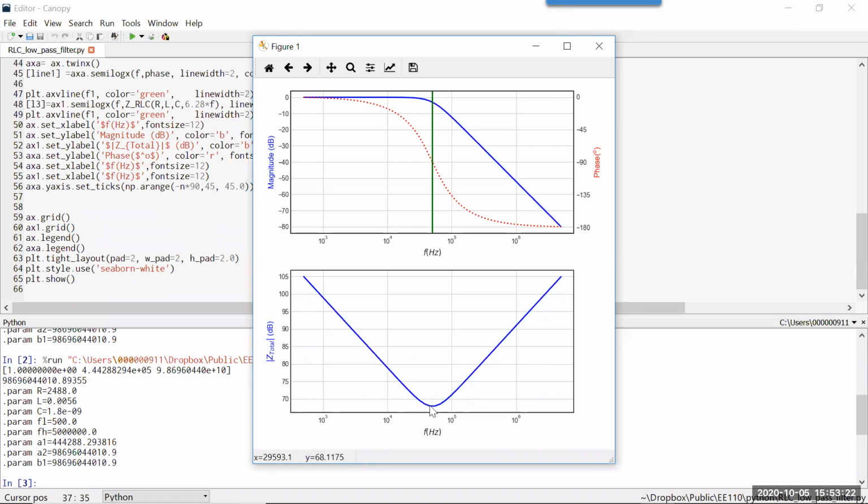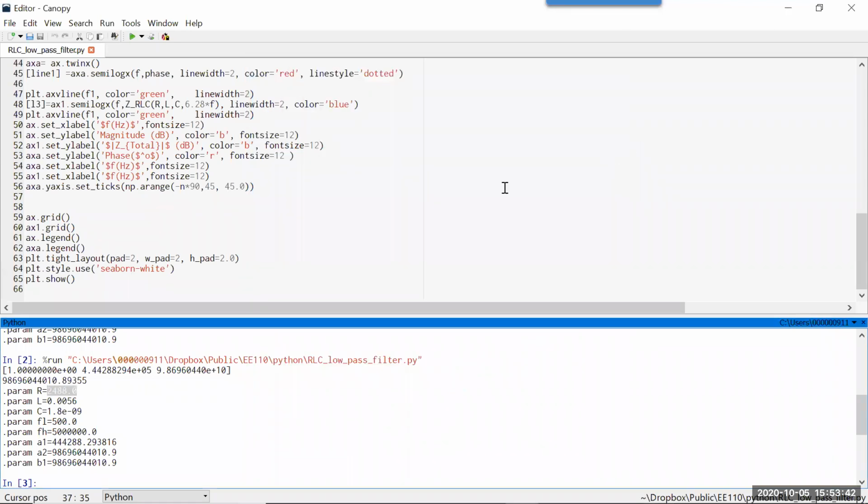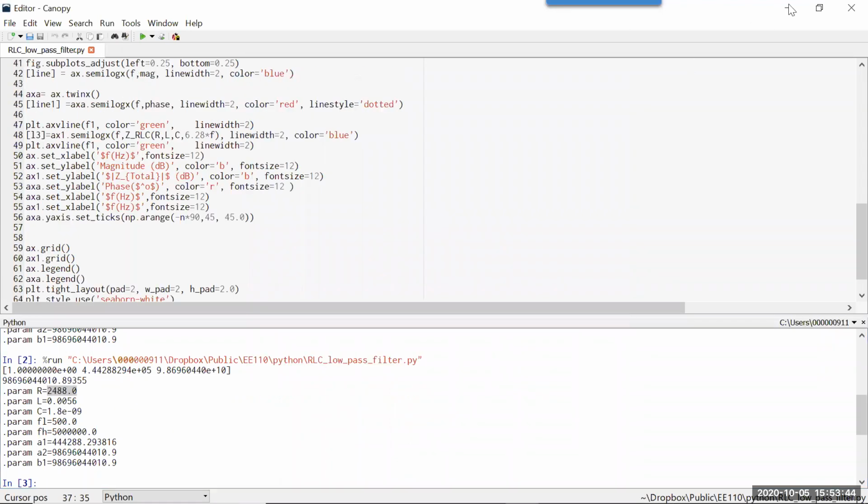Now the impedance is not 60 ohms, it's all in dB so that you can see it plot. So to find the true value, what you'll find is that the minimum resistance or impedance is 2.48 kilo ohms. All right, that's how you would do that.